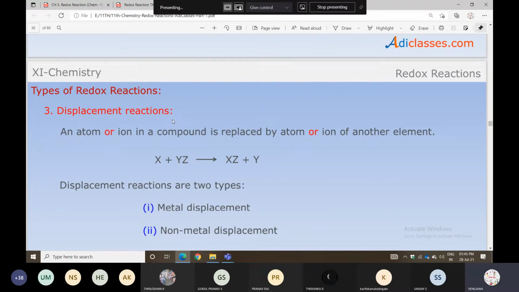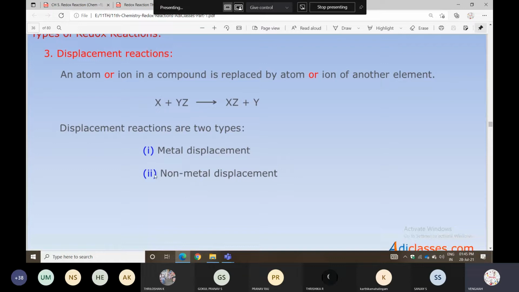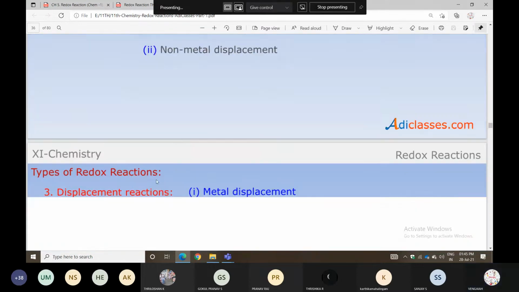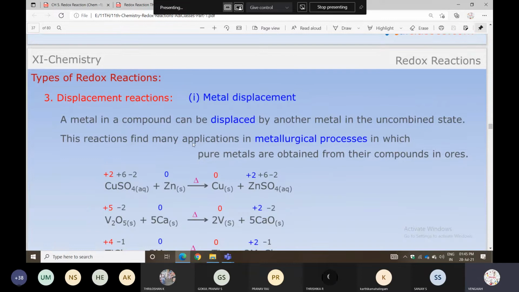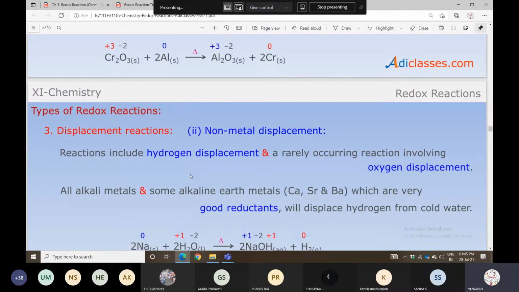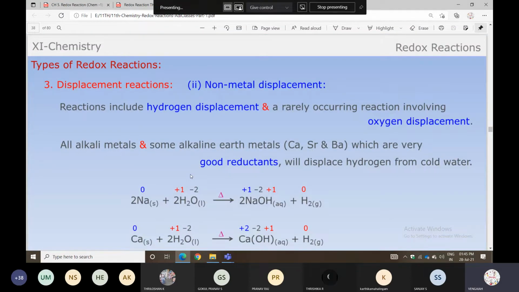They have given X plus YZ gives XZ plus Y. The displacement reactions are classified into two types: metal displacement and non-metal displacement. An example of metal displacement: CuSO4 plus Zn forms ZnSO4 plus Cu. These reactions we studied in class 10th standard.